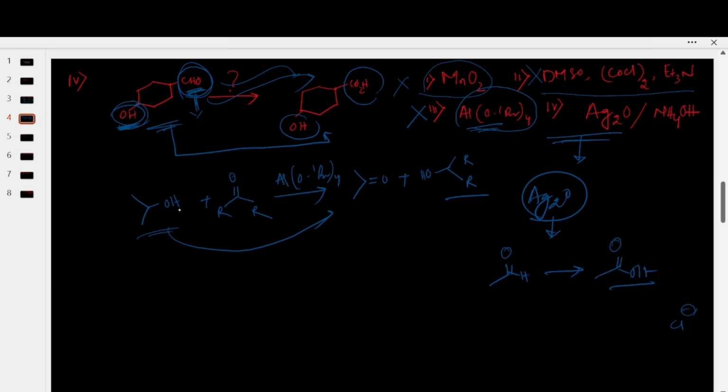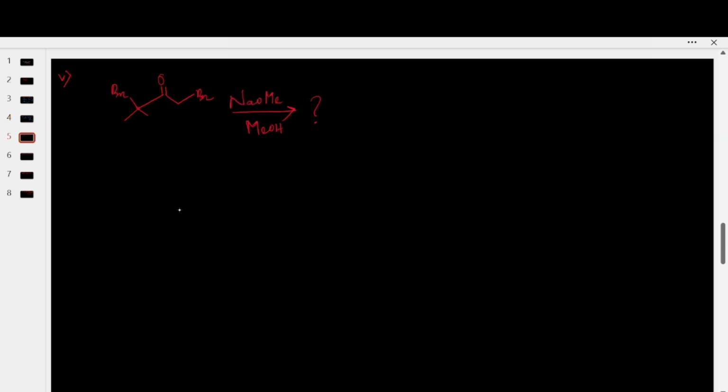So this is the answer. You have to remember the role of silver oxide. Silver oxide is an oxidizing agent and it will oxidize aldehyde to carboxylic acid only. So move to the next question.